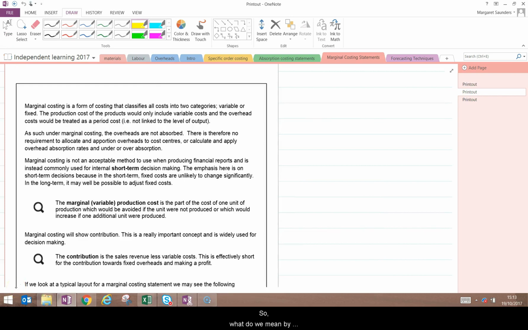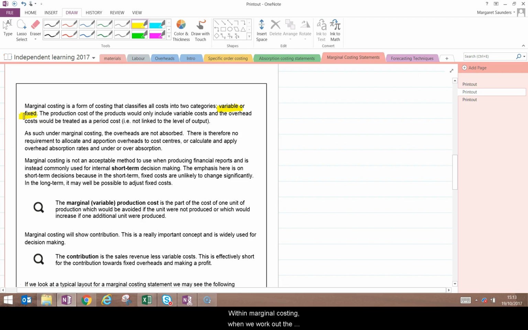So what do we mean by marginal costing? Well, it's another form of costing, and it classifies all costs into two categories. It will consider costs to be either variable or fixed.